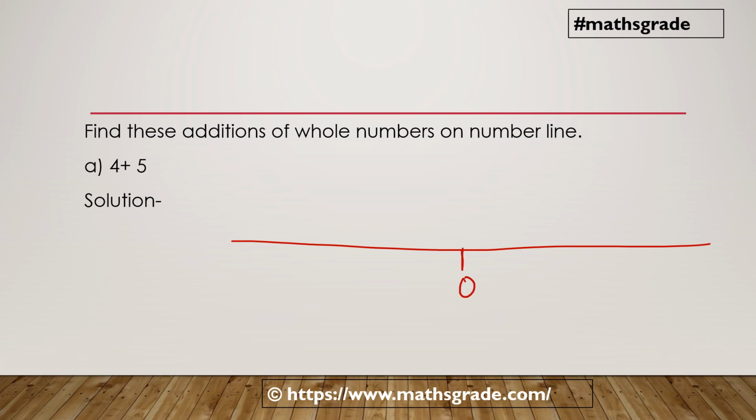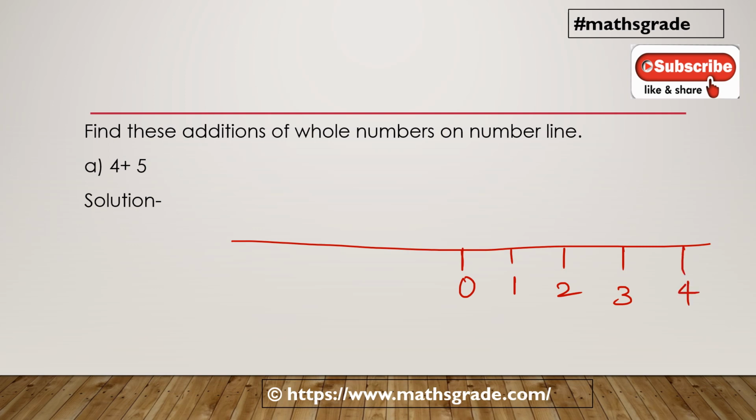The middle point is 0. 4 and 5 are positive numbers, so positive integers are represented on the right hand side. 0, 1, 2, 3, 4, 5, 6, 7, 8, 9, 10.